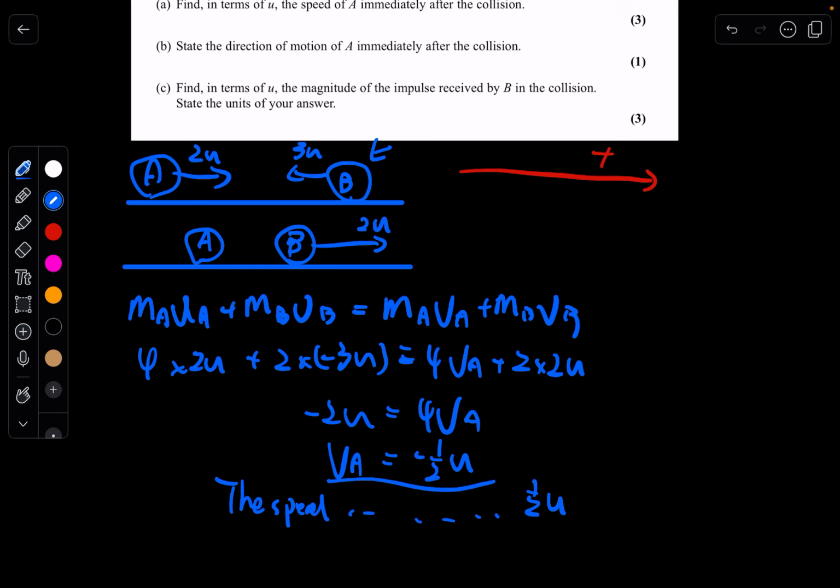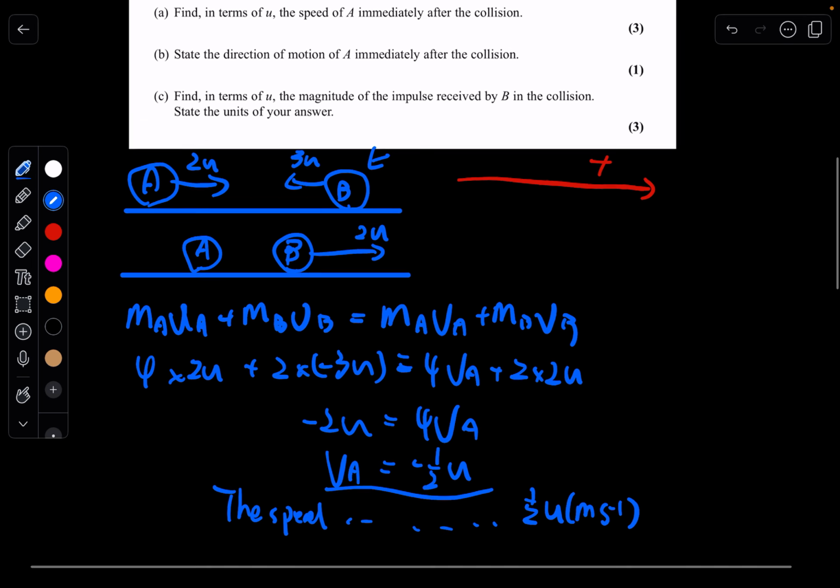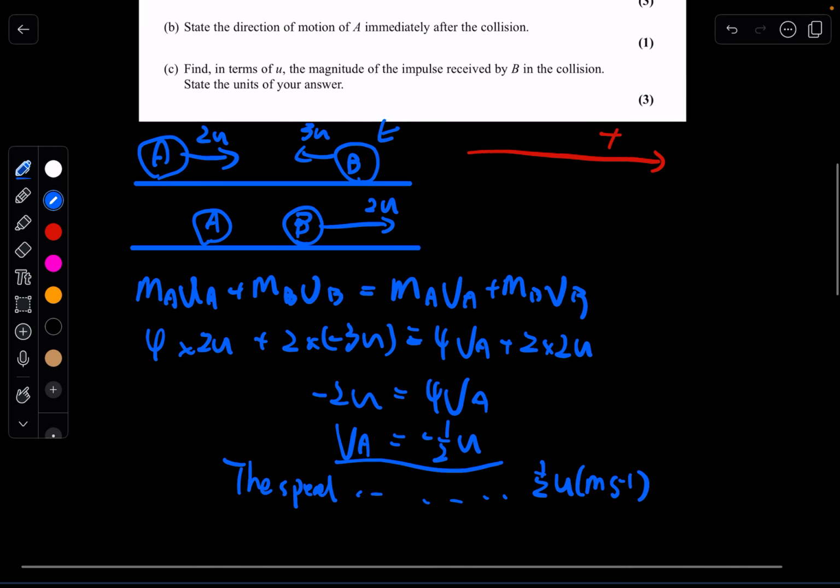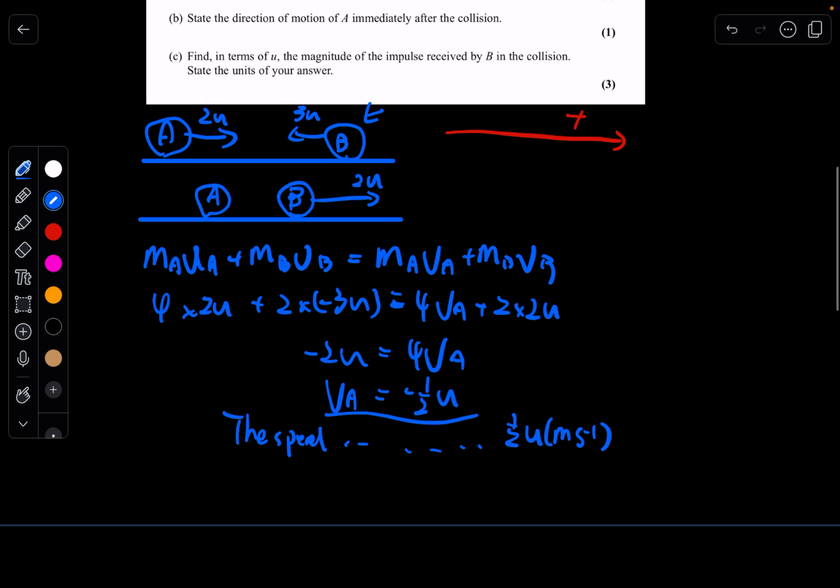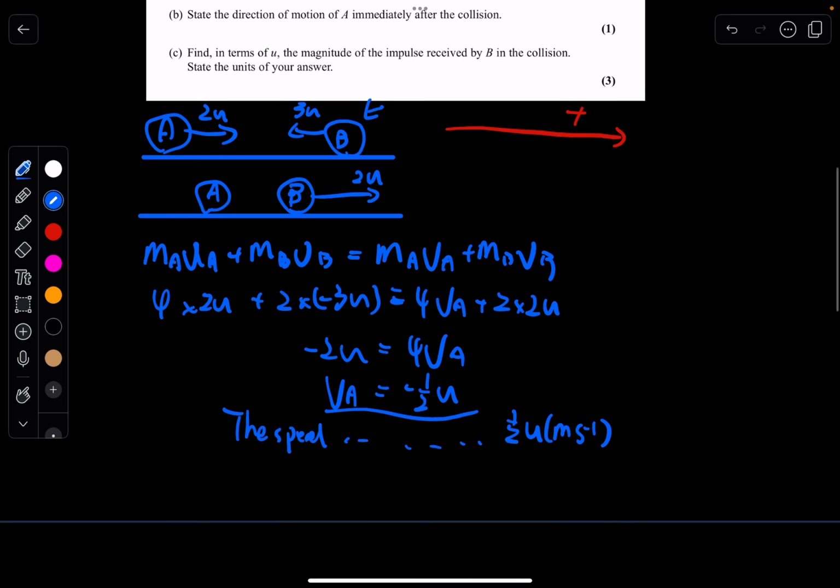For some reason, we don't write negative in these kind of problems. Well, it's how they grade your paper. It's not up to me to decide. And the direction, of course, since we have a negative in our answer here, that means A is actually going backwards, because we know u, a positive u, is actually going to the right, towards this direction, right?